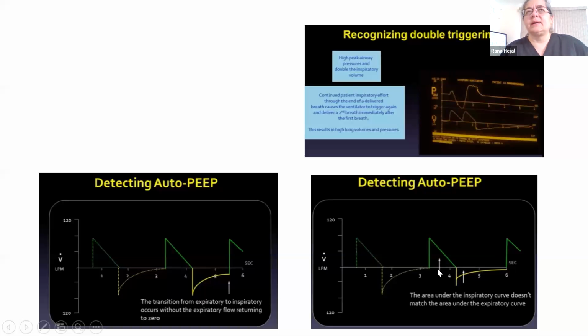It's flow times time, which gives you what? A volume. Good job. So the volume during inspiration should be equal to the volume during expiration. If it's not, it's either staying in the patient or he's leaking it somewhere. So this will be a hint. If he's leaking it somewhere, you see that the volume down, like on the third graph, is going to be lower. If you see that the volume down is getting higher and higher with every breath, you know they are trapping. And the last thing to recognize auto peep with is when you are seeing double triggering.